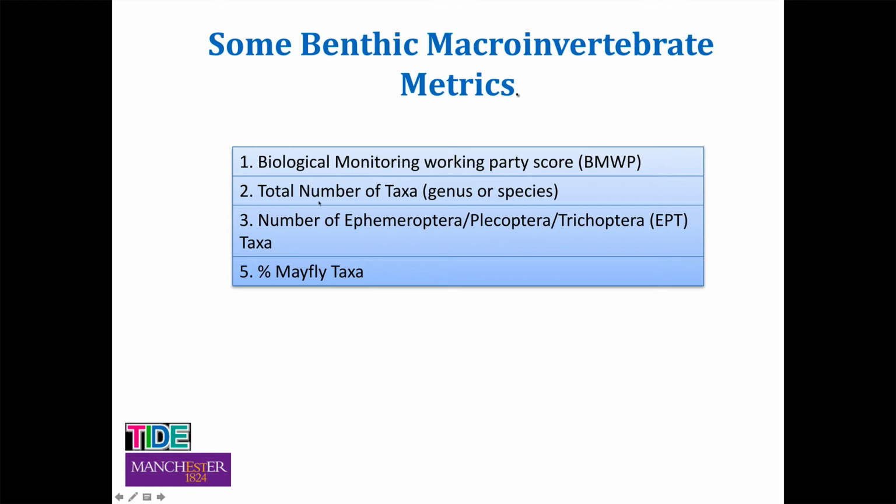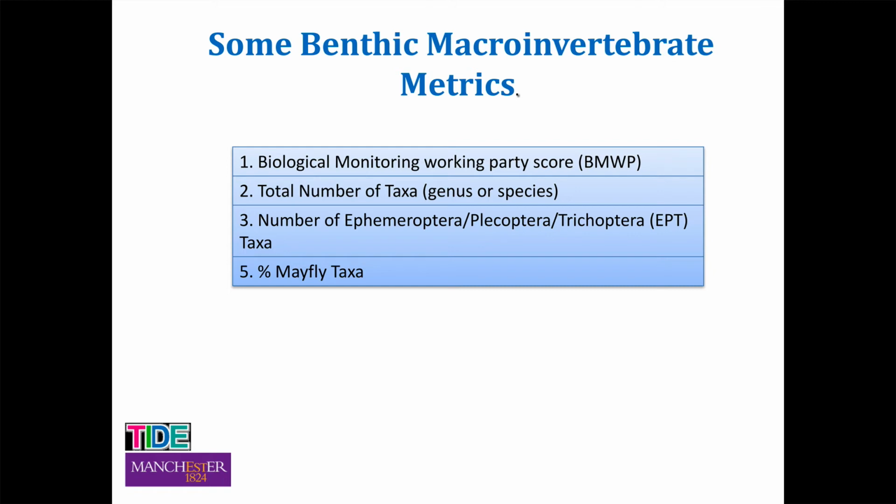The other metrics you can look at is total number of taxa, so the total number of species or genus or order that you find, so that's richness. The other thing you could do is look at the number of Ephemeroptera, Plecoptera and Trichoptera taxa that are present in your sample, and these are the ones that are very sensitive to pollution.